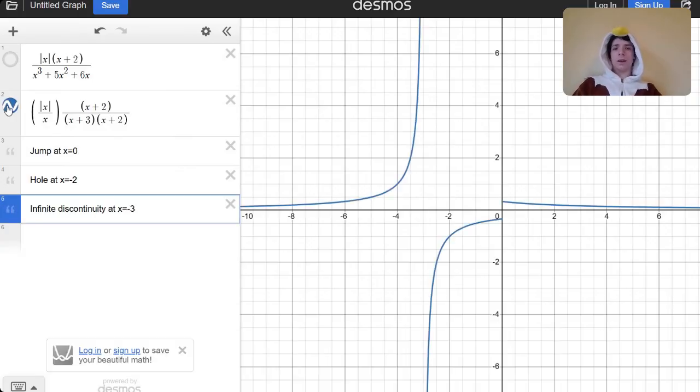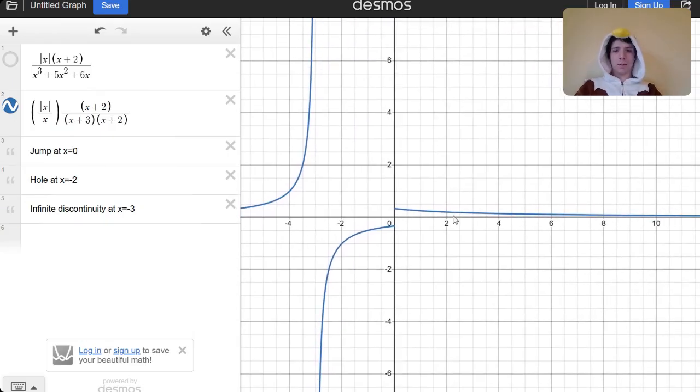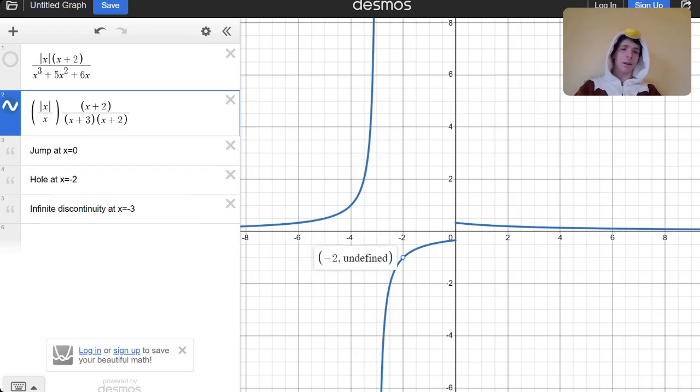And if we turn on the graphs for these, there is in fact a jump at x equals 0, a vertical asymptote at x equals negative 3, and at x equals negative 2, we got a hole right there. It's undefined, but the limit exists.